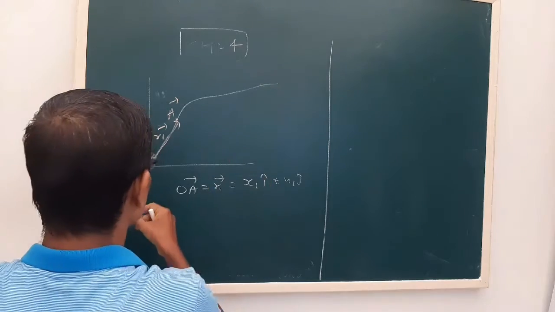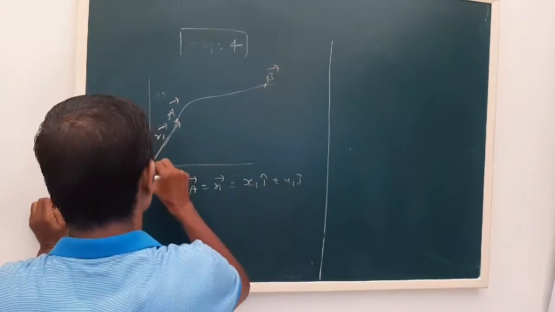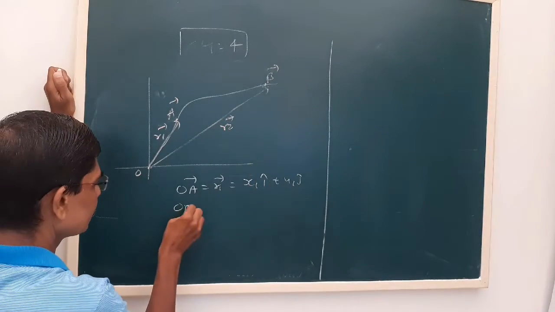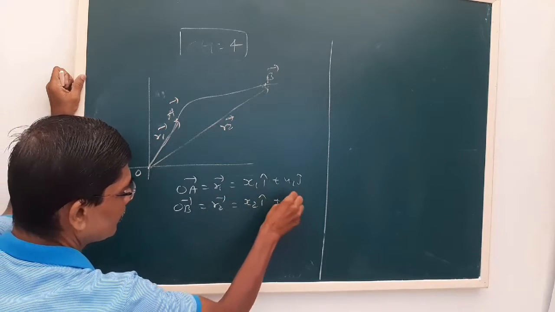Then B is the final position, R2, OB is R2, that is x2 i plus y2 j.